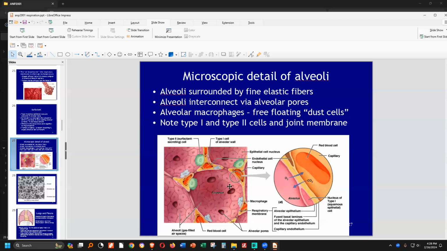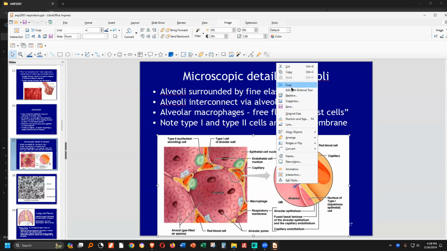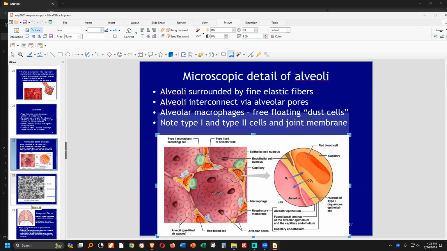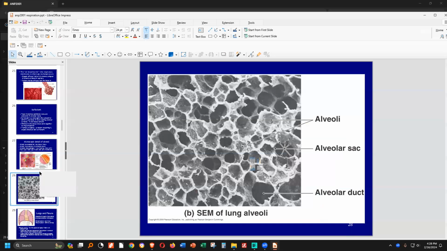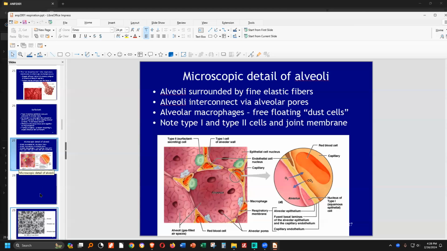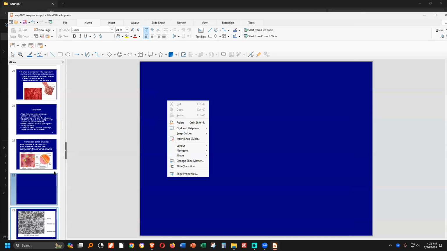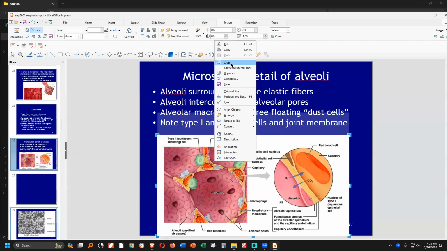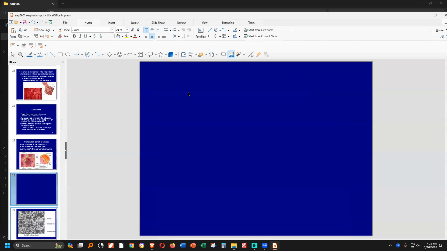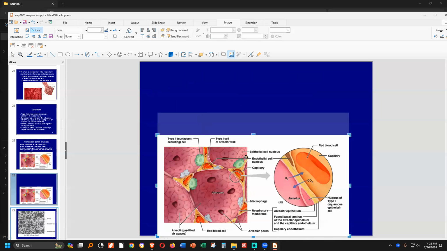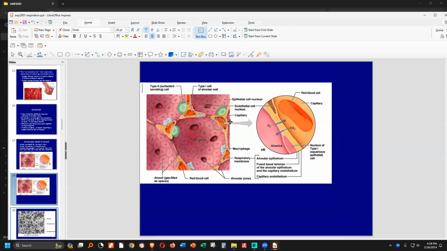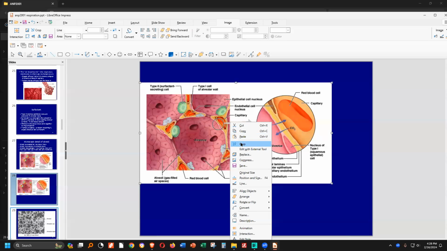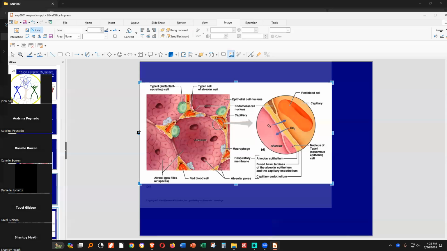All right, I think I'm going to make this a little bigger, so it's easier for us to visualize and count. Because a question that can be asked is about the number of membranes that comprise the blood-air barrier. That's a question that we've asked in the past. And of course, past can come around anytime. Let me just take this out.